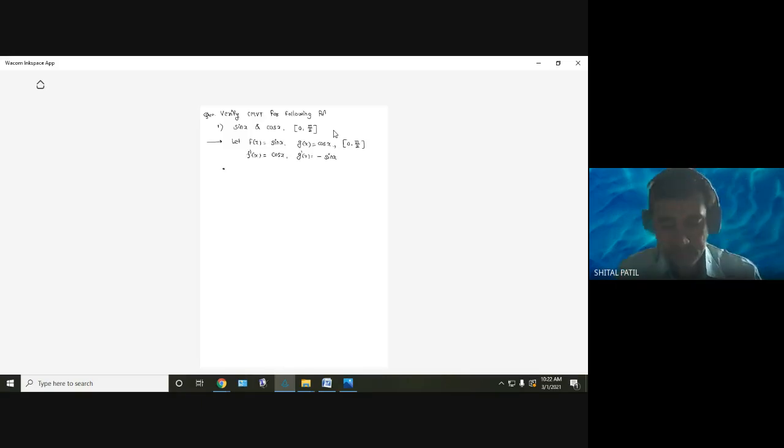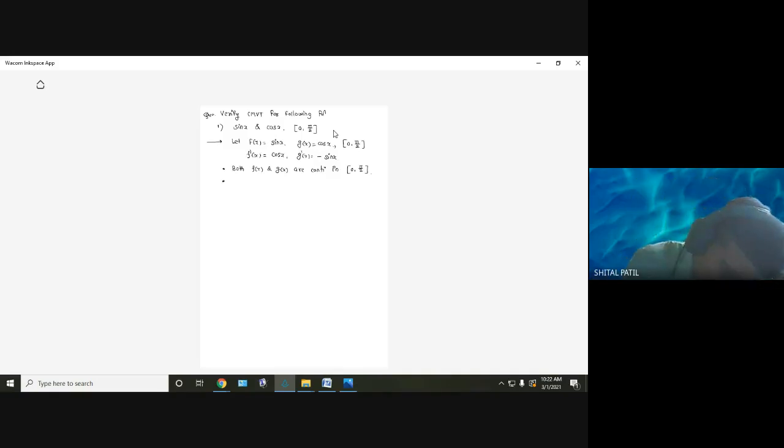Then both f of x and g of x are continuous in the closed interval 0 to pi by 2.